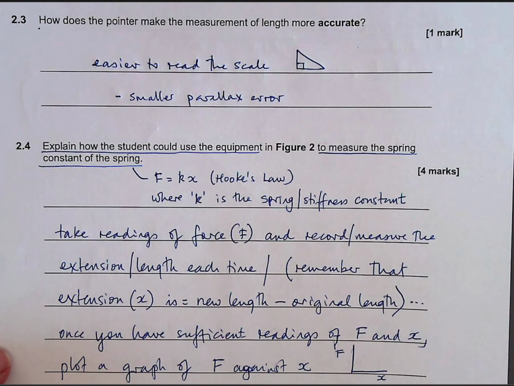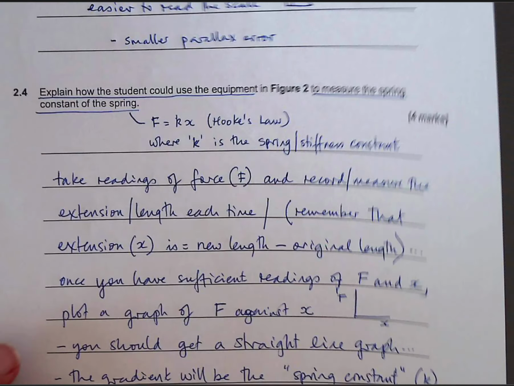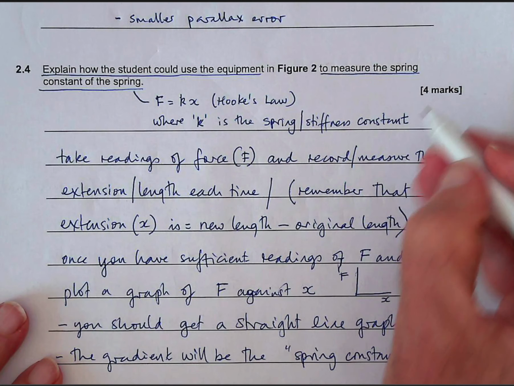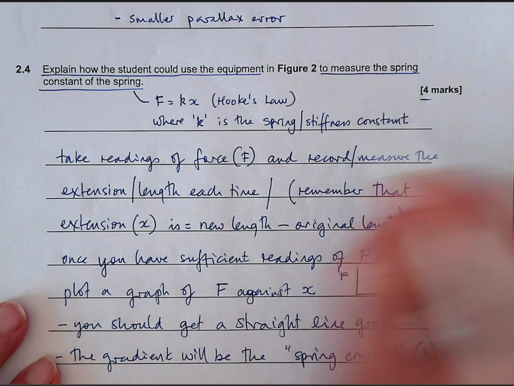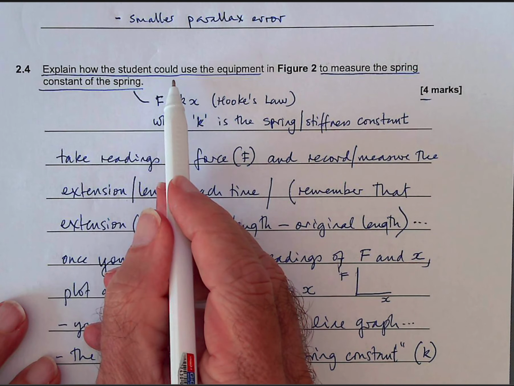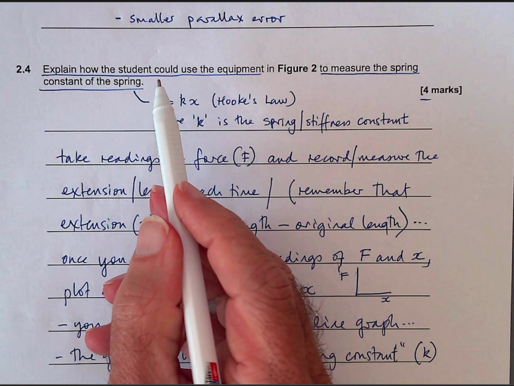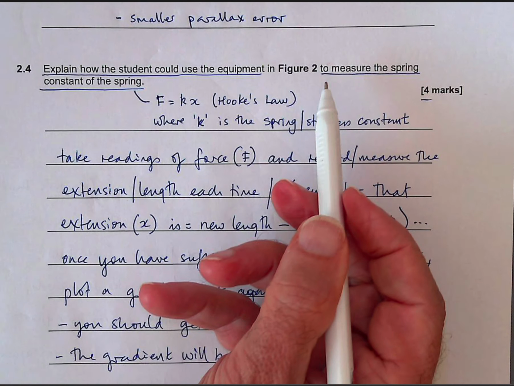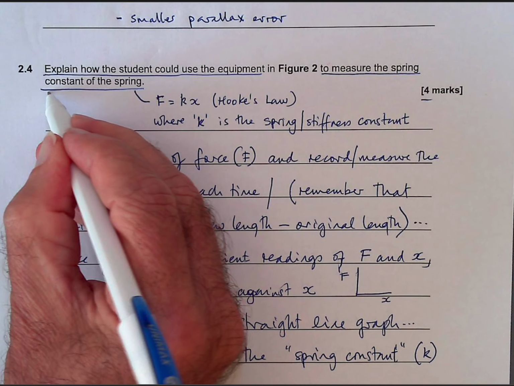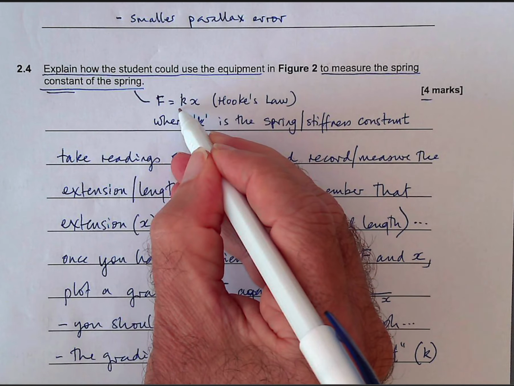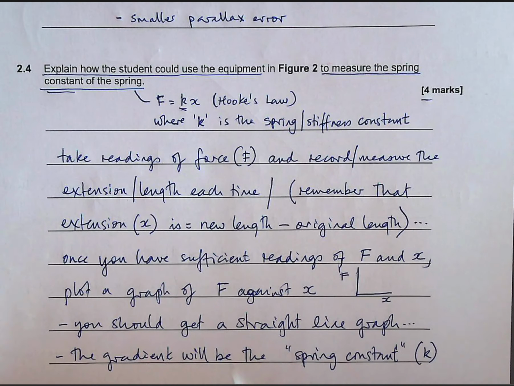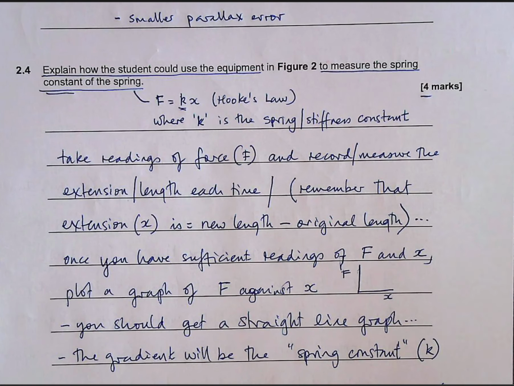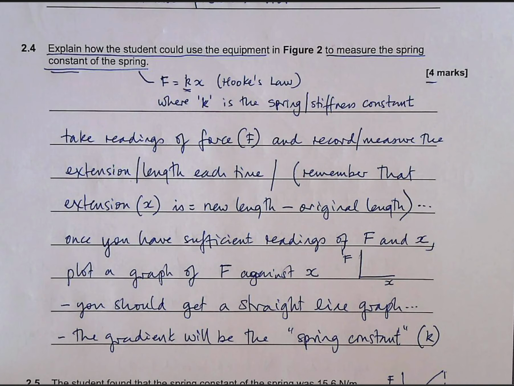Okay, the next bit I've already written out for you to save time, because the next bit is a long answer. It's 4 marks. Okay, so explain how the student could use the equipment in figure 2 to measure the spring constant. So again, I was telling you the spring constant is K. They want a descriptive answer, and you've probably already started reading my answers.